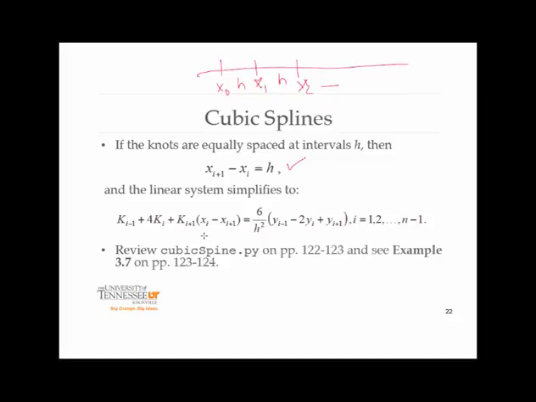Again, a very nice piece of compact code that is going to end up solving a tridiagonal linear system of equations for those curvatures. And you'll see that if you plot the particular cubic spline, you'll see how smoothly it fits through the data that you want to interpolate.